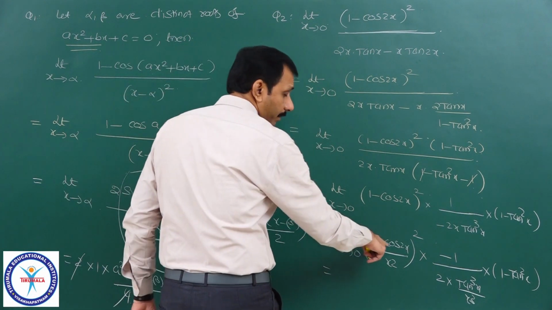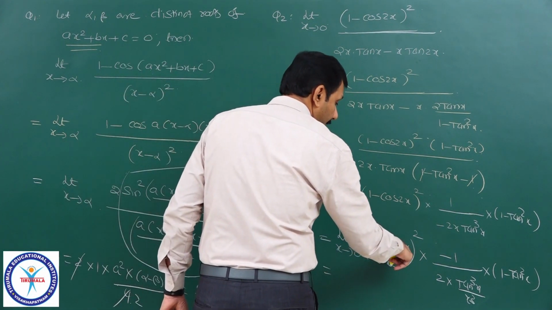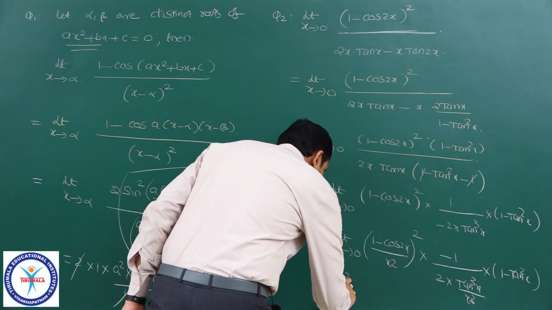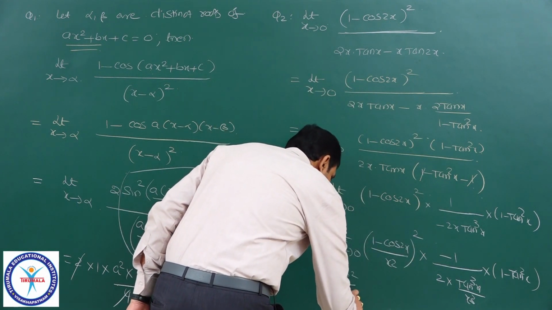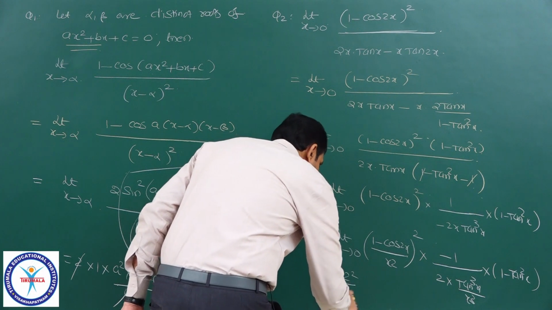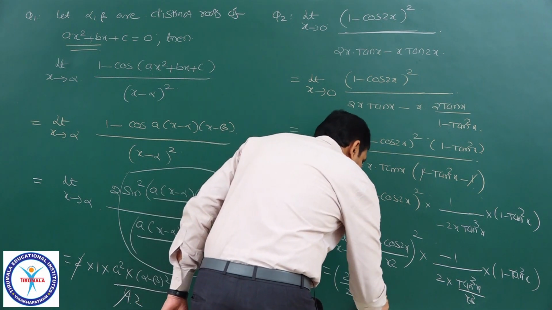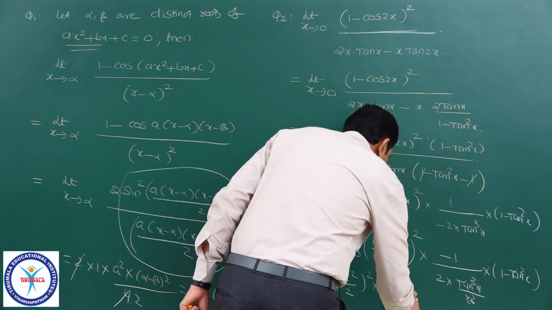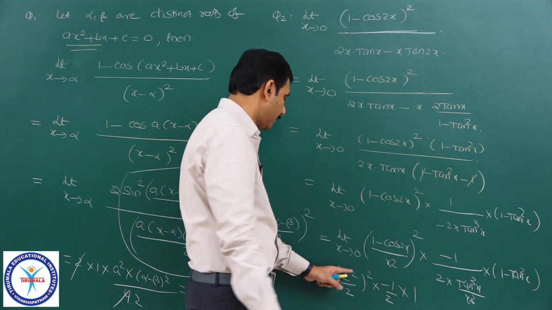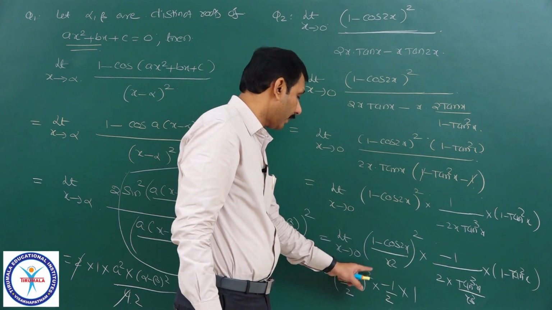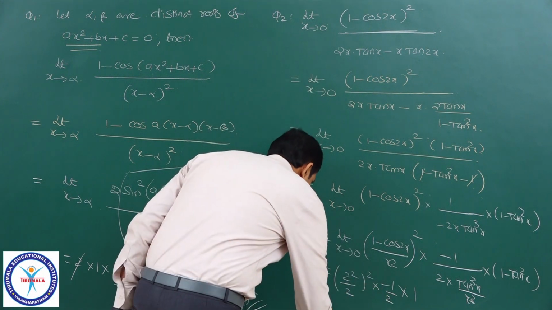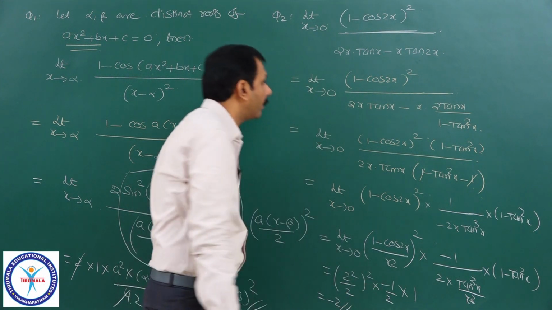Now, it is of the form 1 minus cos lambda x by x square, lambda square by 2, 2 square by 2 whole square into minus 1 by 2 into 1 into 1. How much is it? 4 by 2 means 2, 2 square is 4, 4 by minus 2 means it is minus 2 is the value of that.